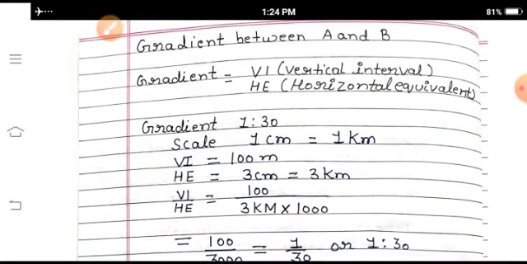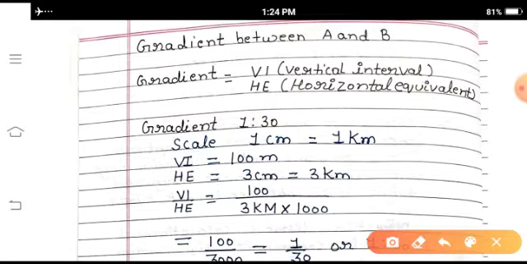Here about the gradient. Gradient is equal to VI upon HE, vertical interval upon horizontal equivalent. Suppose the gradient is 1:30, with the scale 1 centimeter equal to 1 kilometer. In the topo sheet, one grid is equal to 1 kilometer.